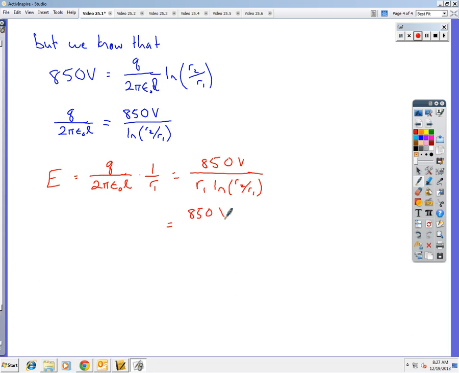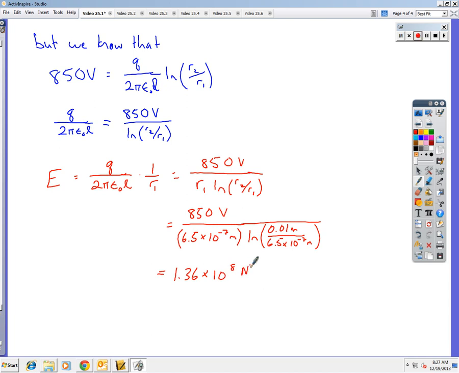Plugging in numbers, R1 is the ridiculously small number, 6.5 times 10 to the negative 7 meters, times the natural log of R2, which is 0.01 meters, divided by that very small radius. And this works out to be 1.36 times 10 to the 8th newtons per coulomb. And one interesting thing here, newtons per coulomb equals volts per meter. Those are two different units for the electric field.